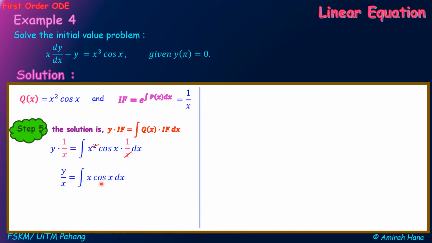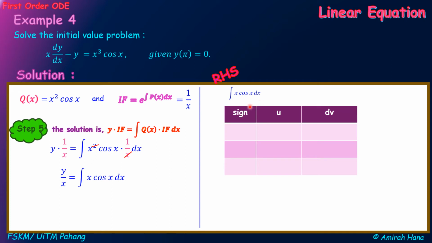Okay. So to integrate the function on the right hand side, which is the integration of x cos x dx, we can use tabular integral under integration by parts. When we use tabular integral, we need a table with 3 columns. The first column is sign, the second column is u, and the third column is dv.